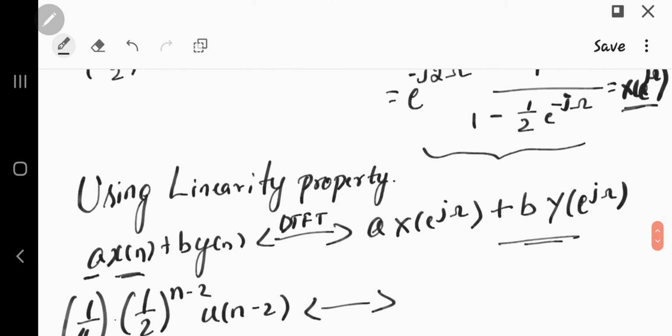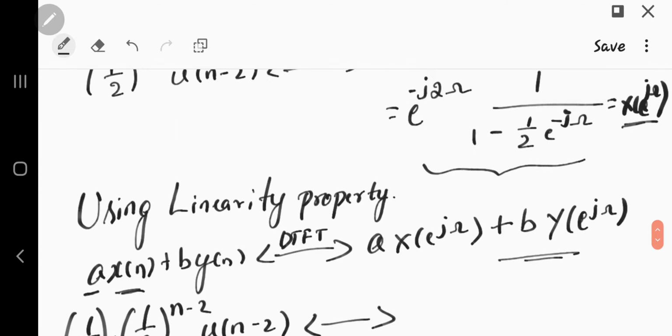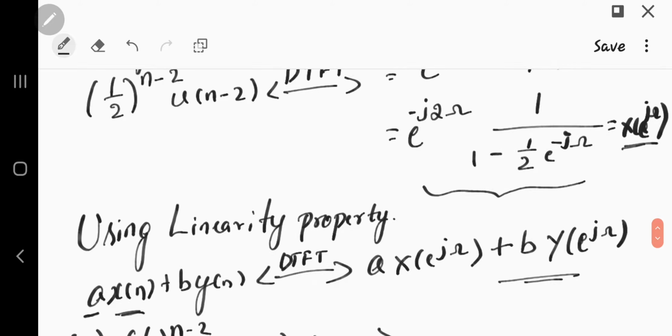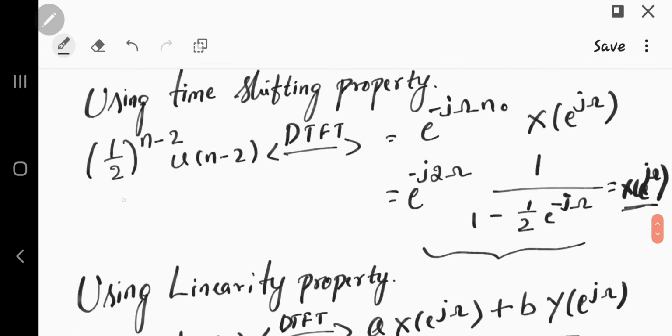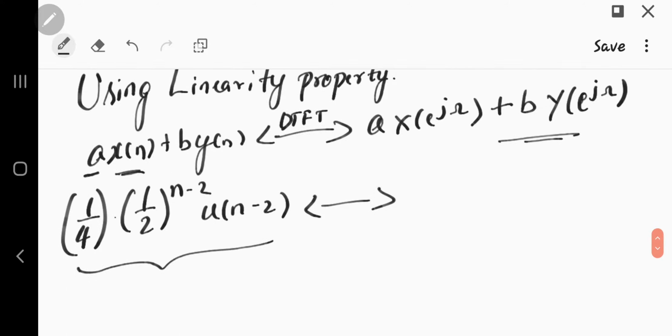So now we have taken one at a time. So this part, 1 by 2 to the power n minus 2 u of n minus 2, we have got the value for this if you perform DTFT using time shifting property. If you apply DTFT for that, you will get e power minus j 2 omega into 1 divided by 1 minus 1 by 2 e power minus j omega. So this is my x of e power j omega for that value of x of n.